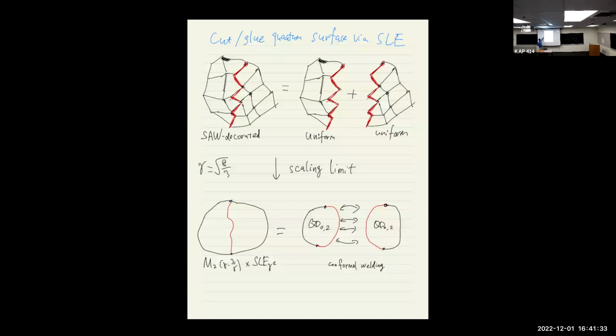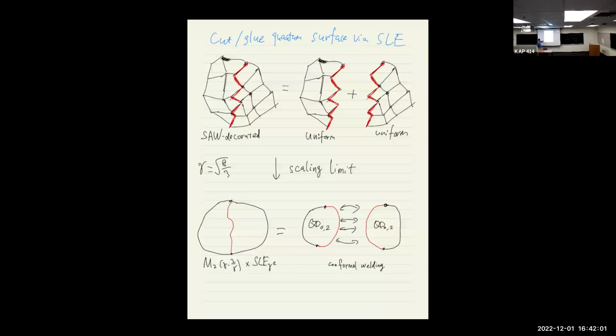And combinatorially, this can just be decomposed into two uniformly sampled disks, conditioning on their boundary lengths being the same. We see that if we glue together two quantum disks with no other things, then the result is this two-pointed disk with this particular weight decorated with a random curve.